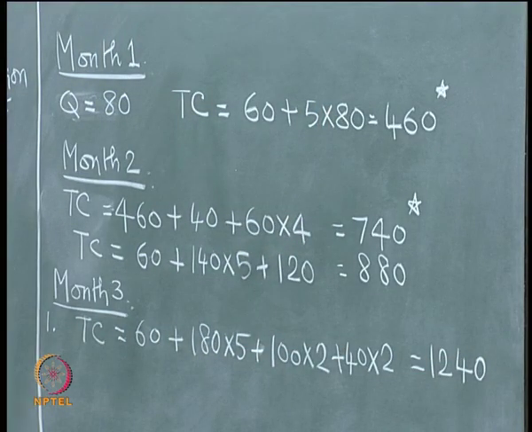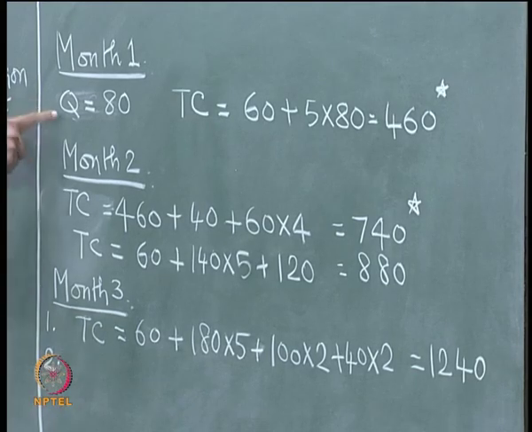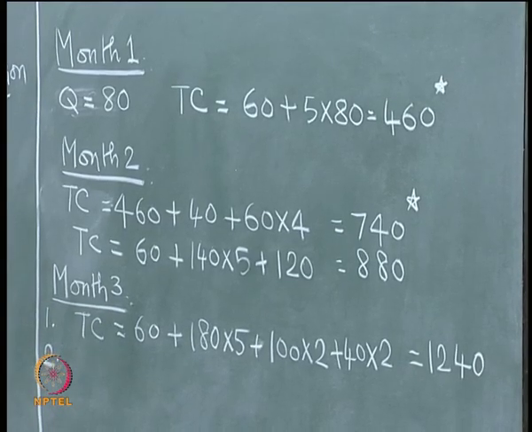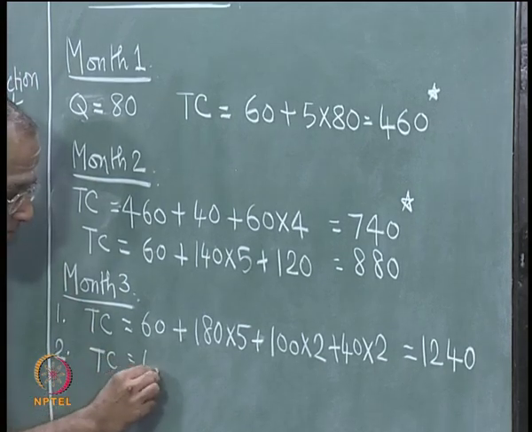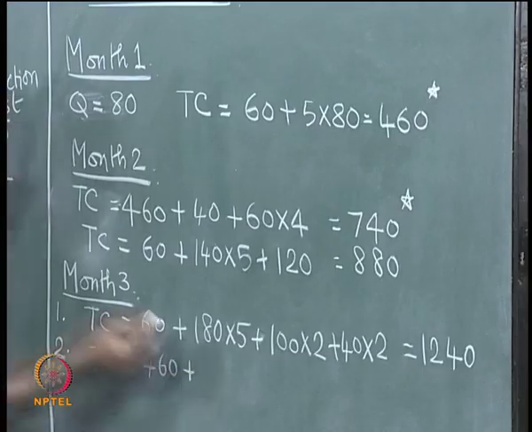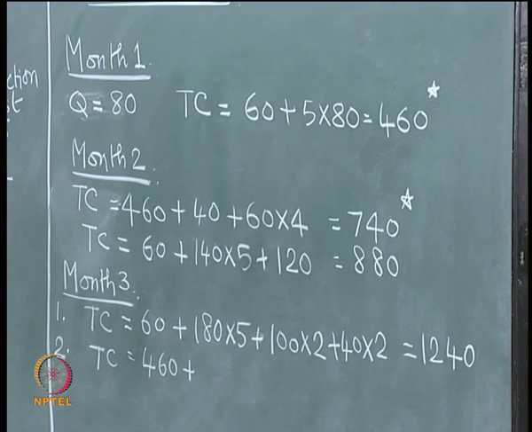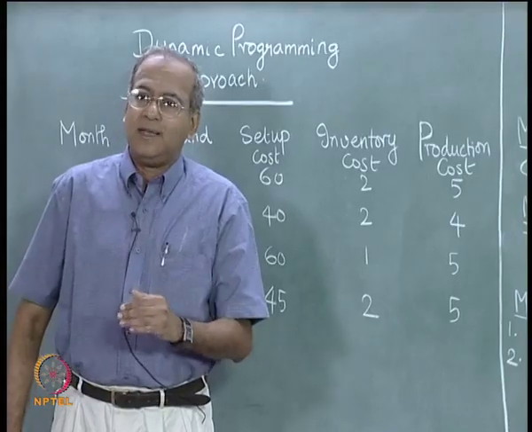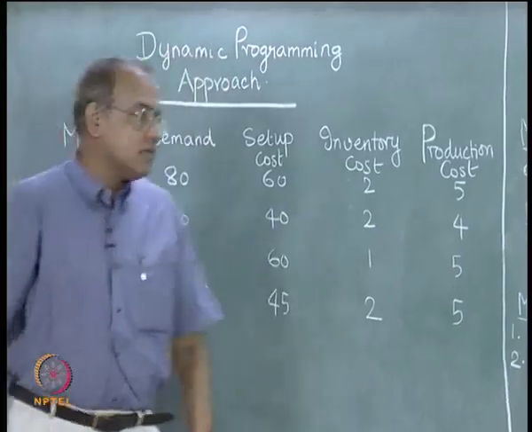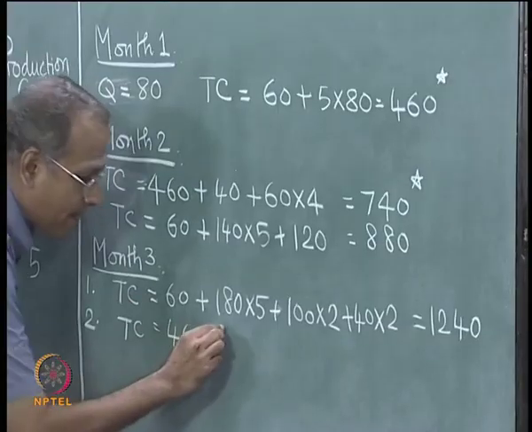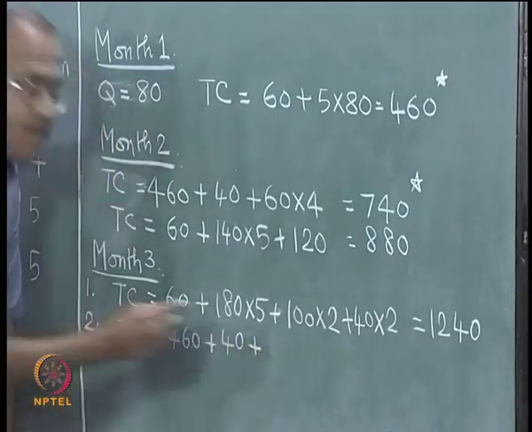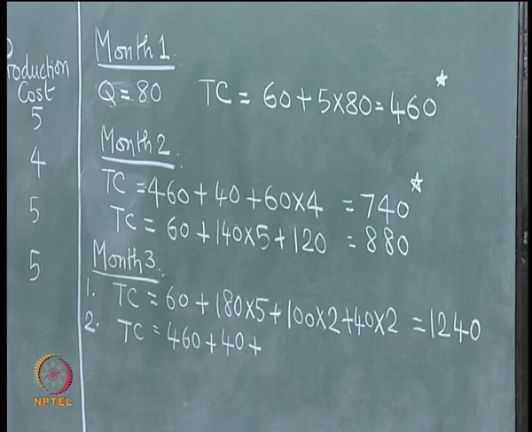Second way to do it is to produce the first month's demand in the best possible way, which is 460, and produce the demands of months 2 and 3 in the second month. So, in the second month we incur a setup cost of 40, we produce the demands of months 2 and 3 which is 60 plus 40, 100 in the second month.